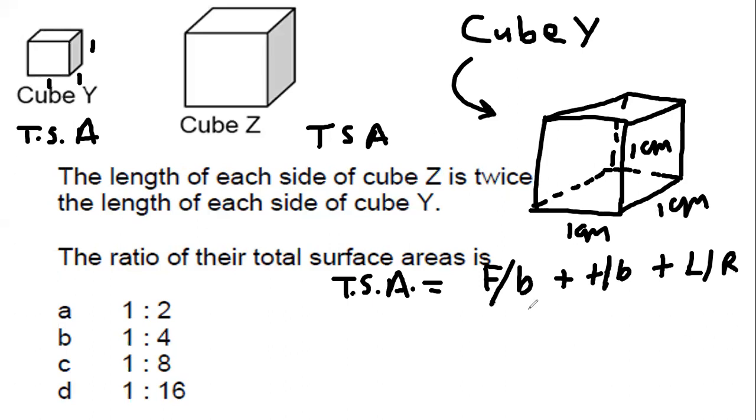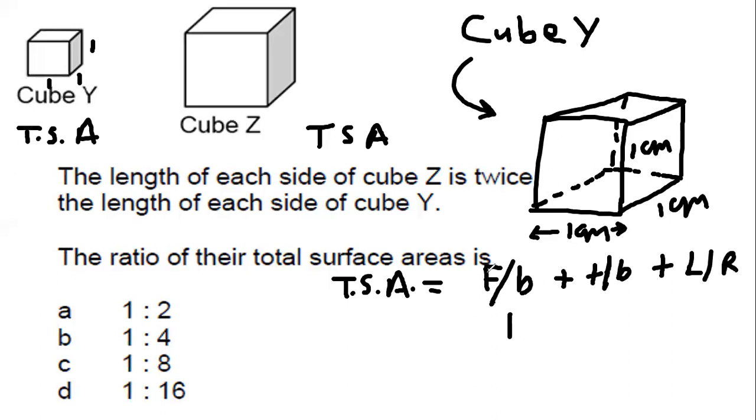So would you agree with me that the area for one face is 1? Because if the length is 1 and the width is also 1, it's 1 times 1, and 1 times 1 is 1. So for each face of the cube, it is 1 centimeter square.